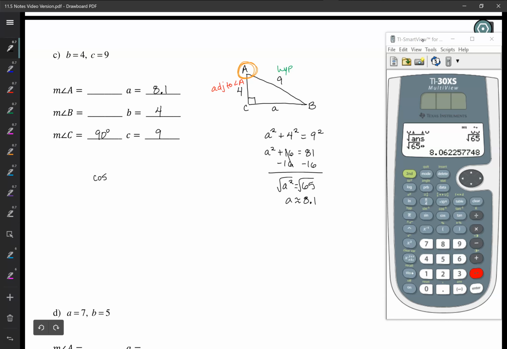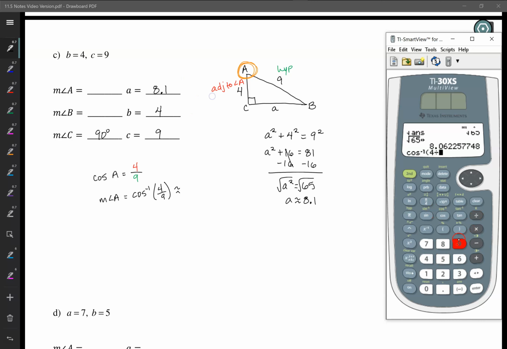So the cosine of angle A is adjacent 4 over hypotenuse 9, which means the measure of angle A is the inverse cosine of 4/9. It's about 63.6 degrees.